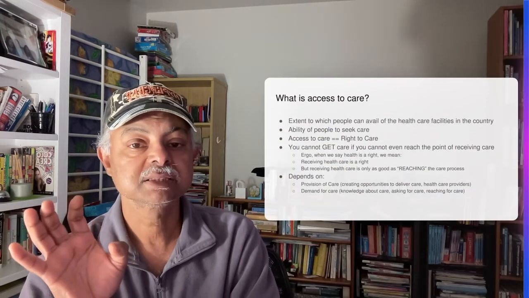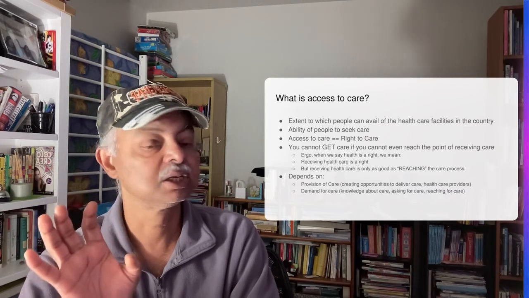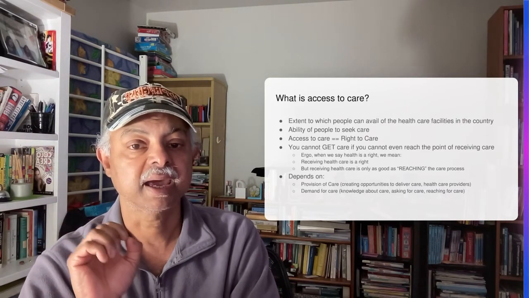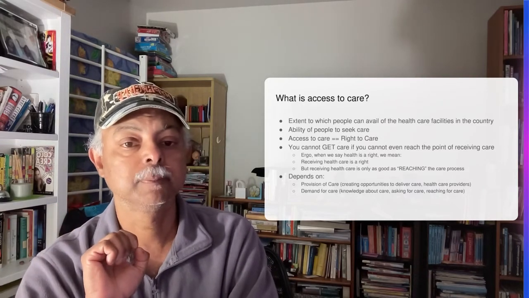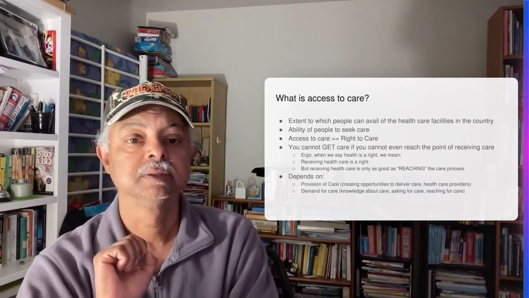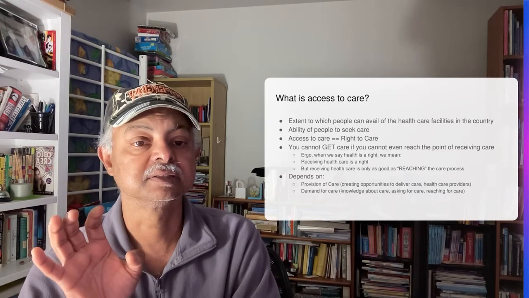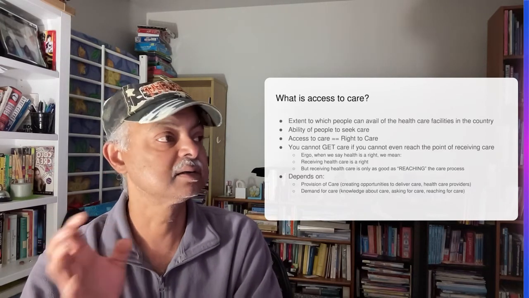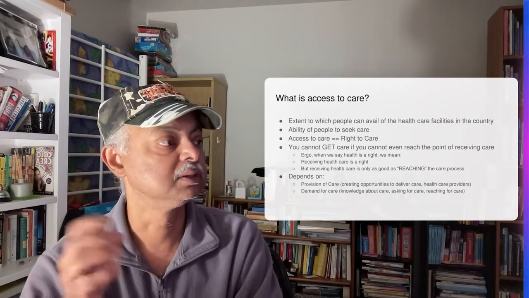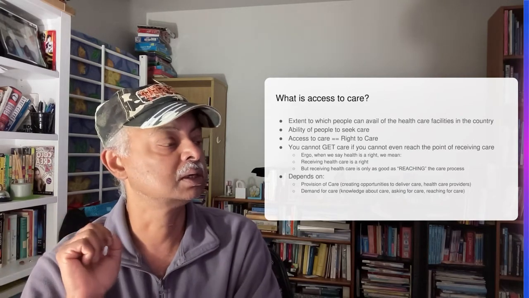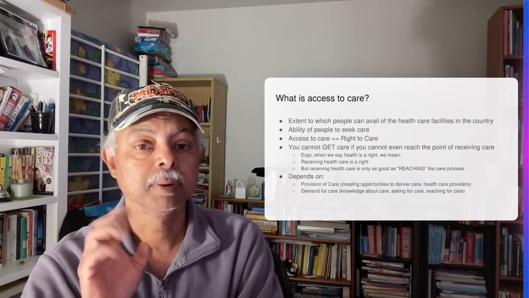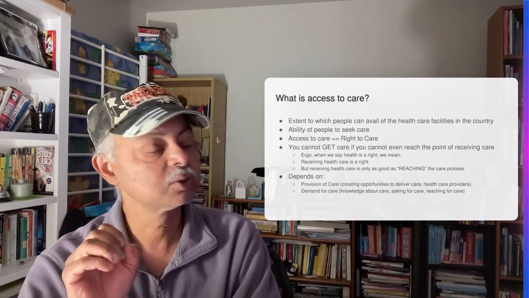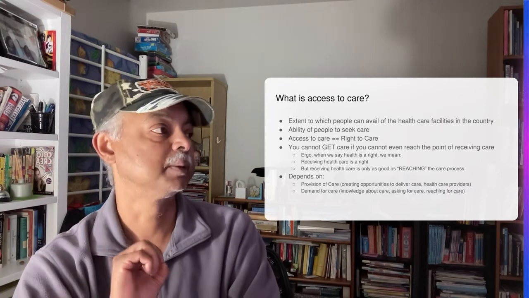So what does access to care mean? Essentially, you can think that access to care means the extent to which people can avail of the healthcare facilities in the system. I say country, but it can be community. It can be your own little village or town or neighborhood. But it is more than that. Access to care is also the ability of people to seek care.